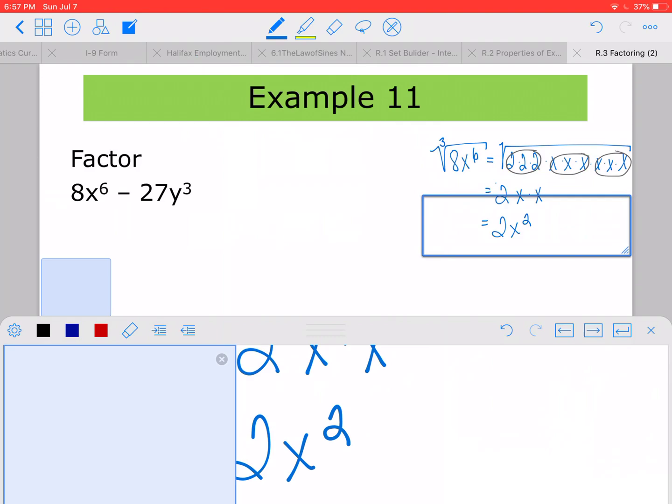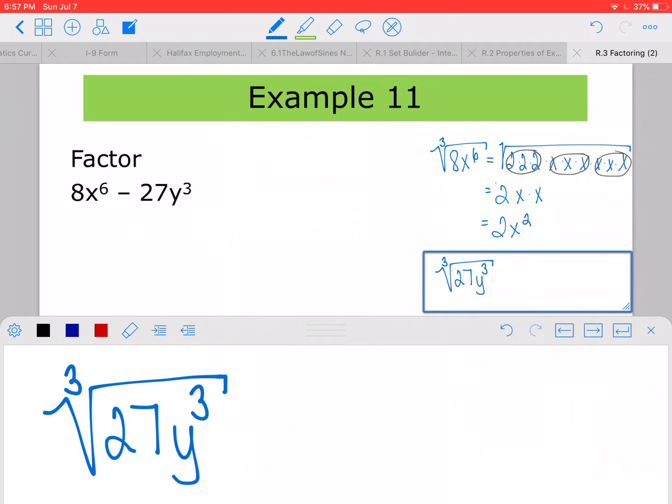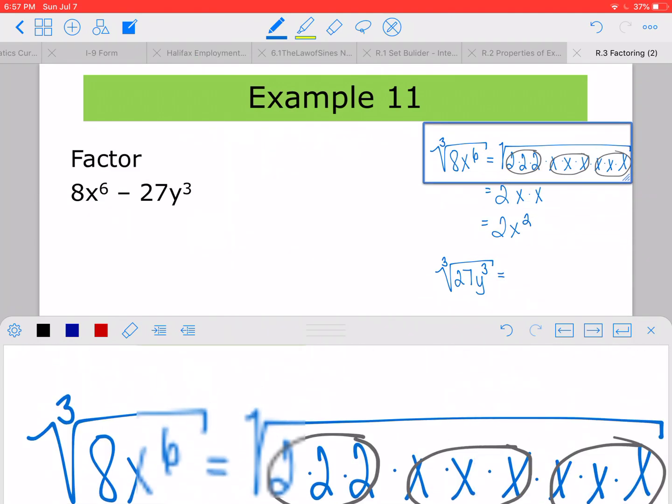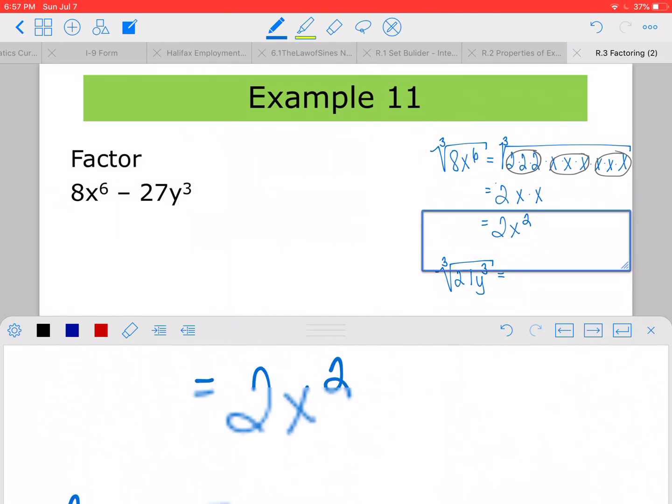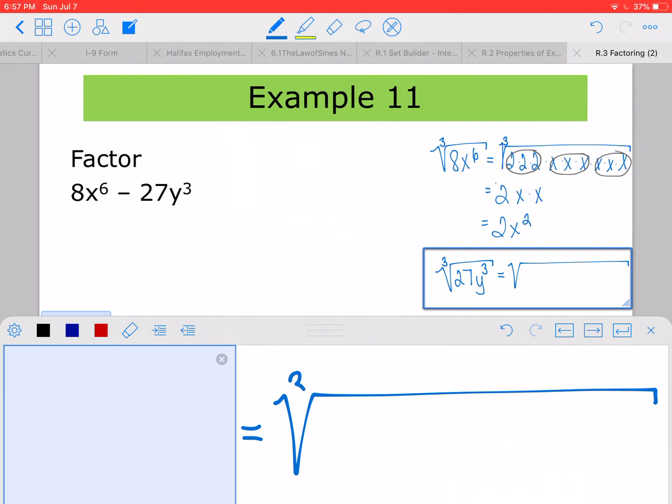Let's make sure that 27y cubed is a perfect cube. That would be, I forgot my 3 up here, sorry about that. The cubed root of 3 times 3 times 3 times y times y times y.